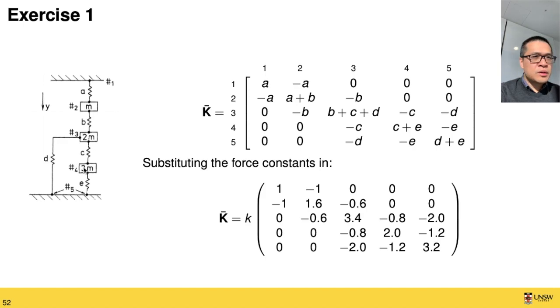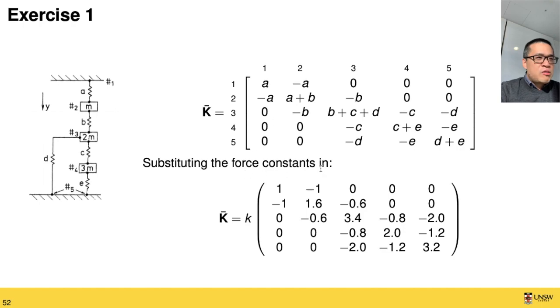For example, node 4 is coupled to both node 3 and node 5, so you will have 3,4, which is minus C here. And also you will have 4,5, which is minus E. So that's how we build up this stiffness matrix quickly, right?